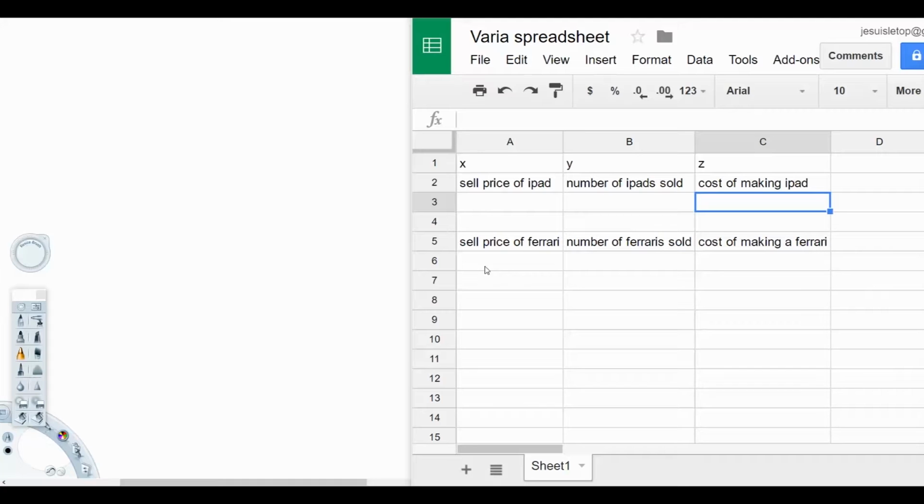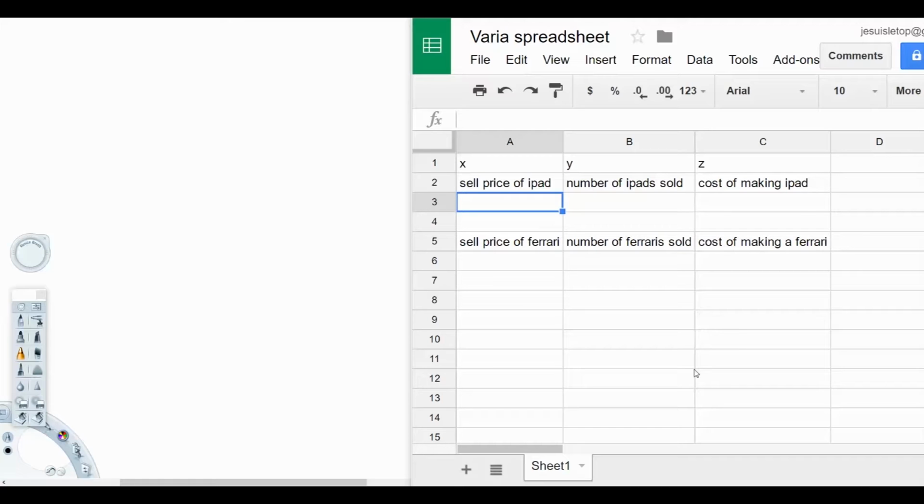So if you're going to find out how much money you're going to make, depending on how many iPads you sell, you're going to need to set up letters which can be filled with any number to obtain the results you want. So for example, let's say you sell one iPad.